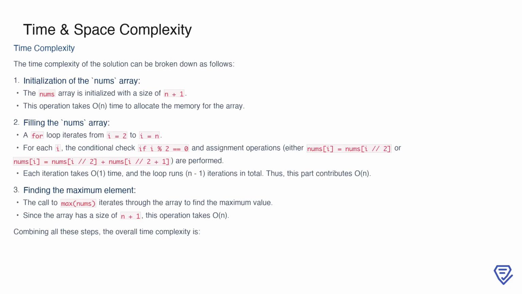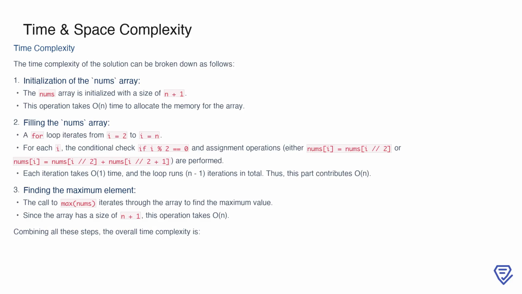To analyze the time complexity of our solution, let's break it into 3 main steps. First, we have the initialization of the nums array, which requires us to allocate memory for n plus 1 elements. This operation is linear in time and takes O(n). Next, we have the process of filling the array. Here, a for loop iterates from i equals 2 to i equals n, and for each iteration, we perform a conditional check and an assignment.